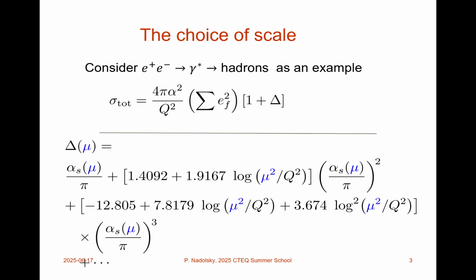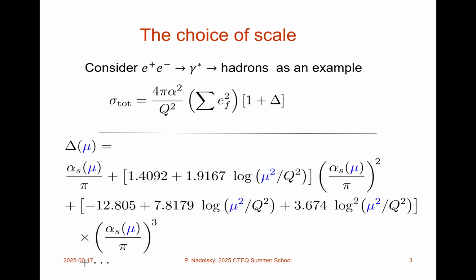So you immediately say, okay, mu squared must be of order Q squared, but can we do better? What if we choose some prefactor, mu equal to some constant times Q? Will we get a better convergence? Let's talk about it for a second. What are our options? Can we do better than mu equal to Q?